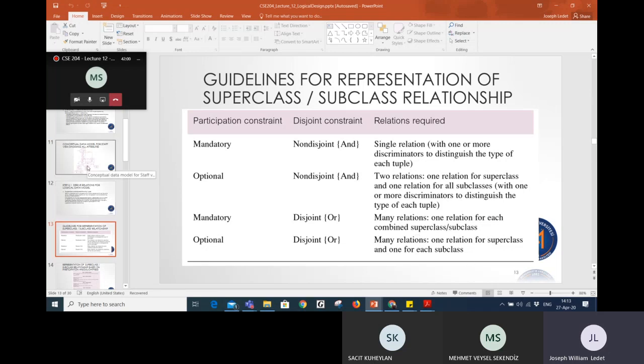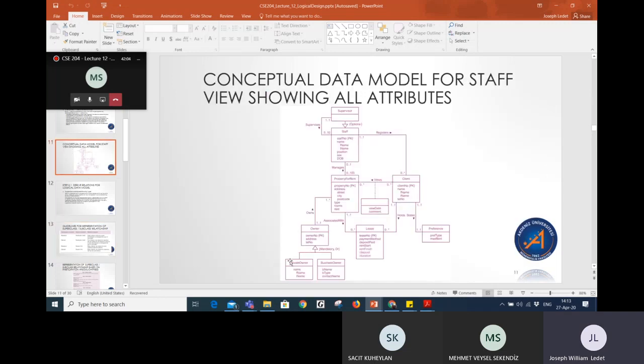What we do is we have one relation for private owner, one relation for business owner. So in this example, these three entities become only two tables, or two relations.